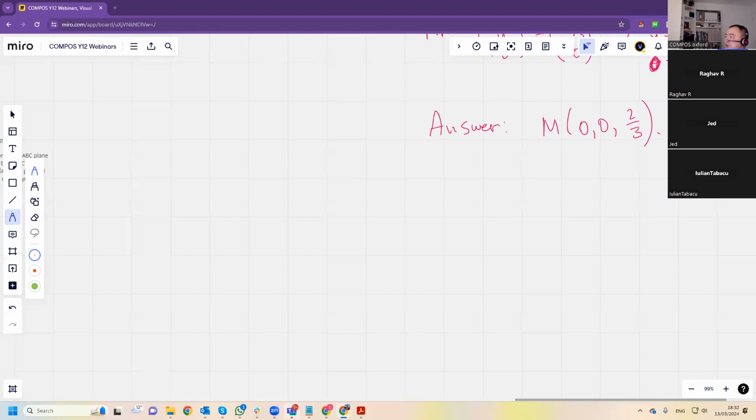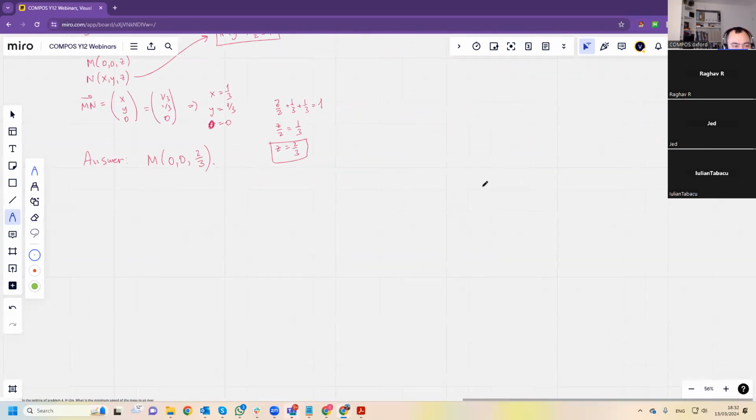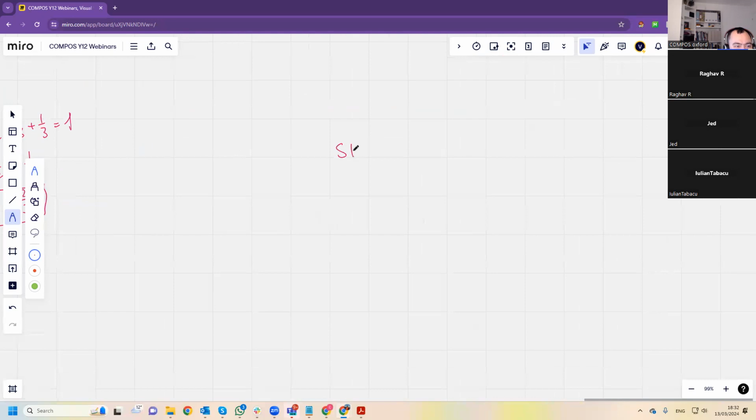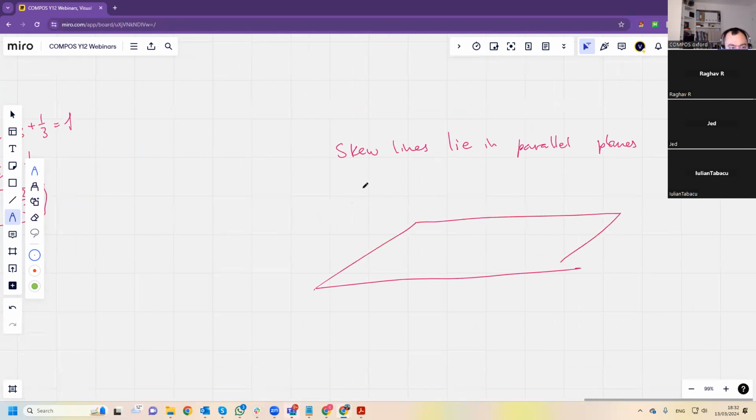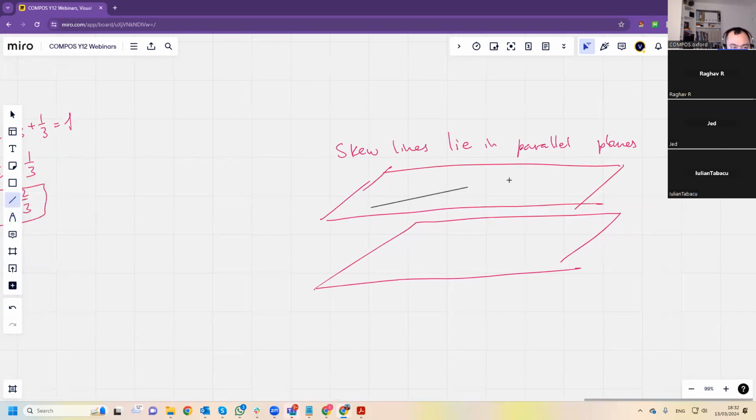Skew lines lie in parallel planes. So if you have a plane like this and another plane like this, and you have a line in the first one and a line in the second one, these lines are clearly not parallel, and clearly they don't intersect because they lie in parallel planes.